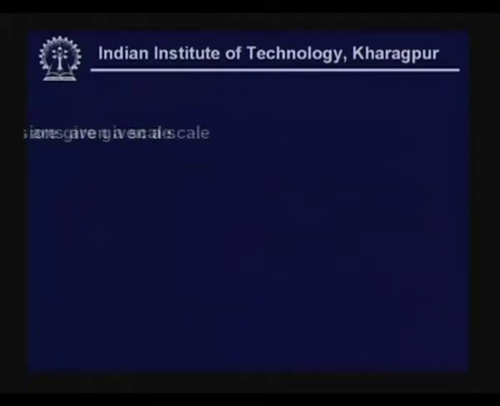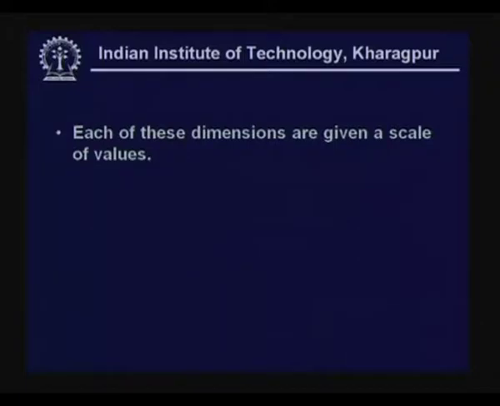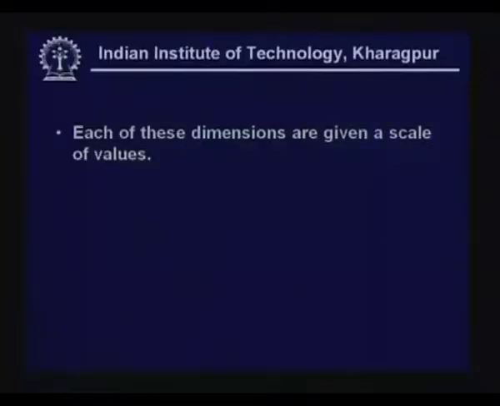Now, how do we go about doing this? It is as though you have a three-dimensional specification, each having what we call hue, value and chroma, and each of these dimensions themselves has a scale of values from a low level to a very high value.